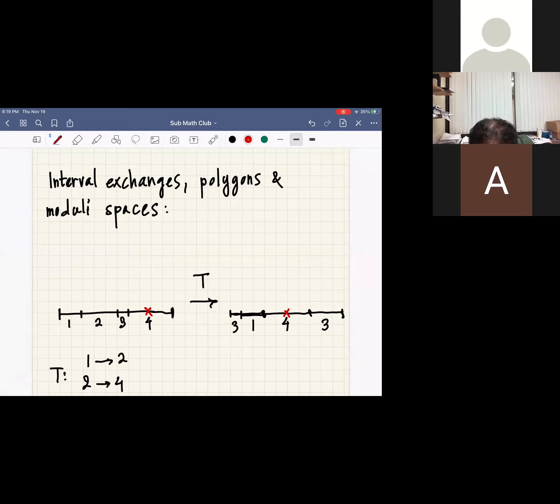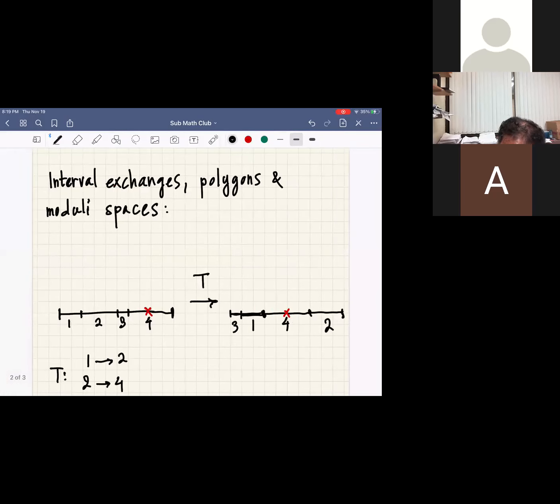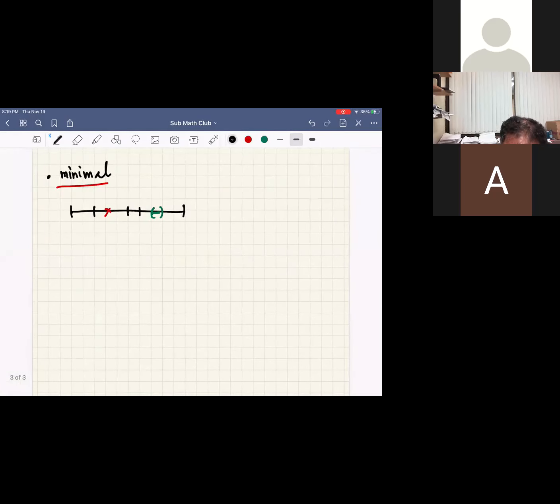Something is wrong with my labels, so the last one was 2. Then this thing here goes here. So in the first iteration, it comes inside the interval.